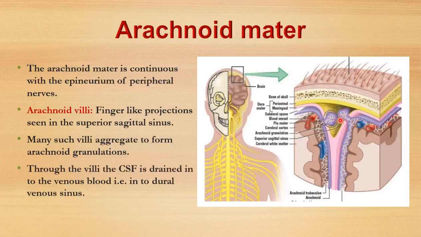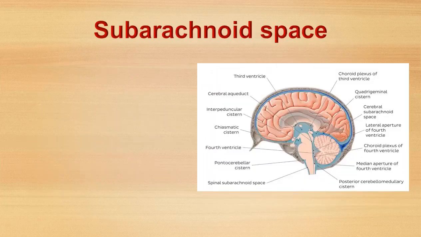You can see in aged skulls, these granulations produce very marked depressions or pits on the interior of the vault of the skull. When you see the pits very marked and deep, that means it is a very aged skull, in elderly people.